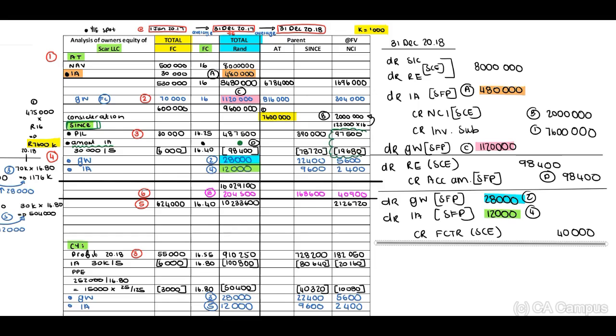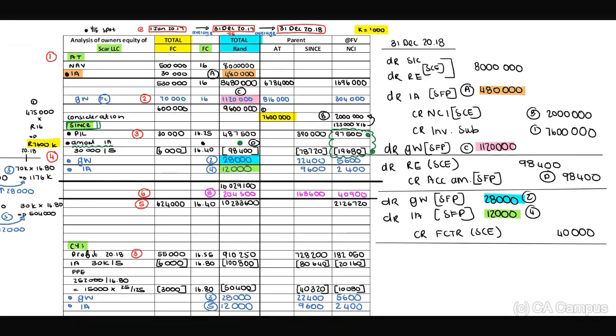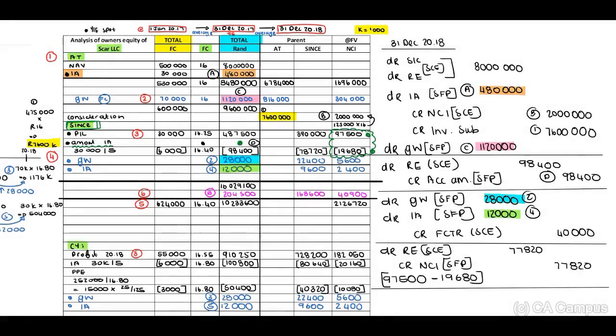And our amortization, therefore, these two amounts we need to allocate to our NCI. The recognition of our NCI portion in terms of our retained earnings for 2017. Again, guys, we need to indicate to our marker where we got this: 97,500 minus the 19,680, and I am going to include E for my marker to be able to identify where this is.